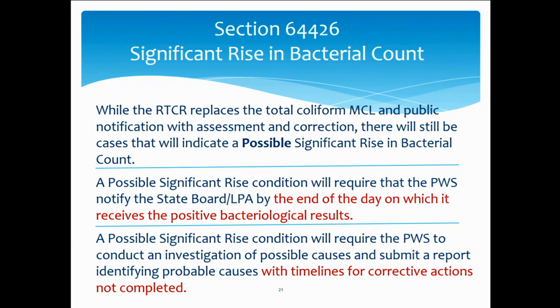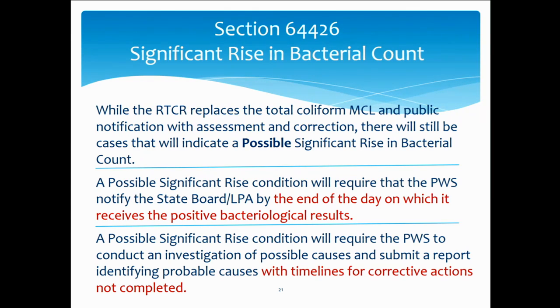Okay, significant rise in bacterial count. This is a California only requirement, which we're keeping. But what I want to stress here is the regulation section is titled significant rise in bacterial count. But essentially, if you meet the conditions, it's a possible significant rise in bacterial count.